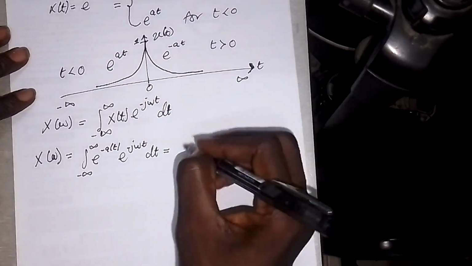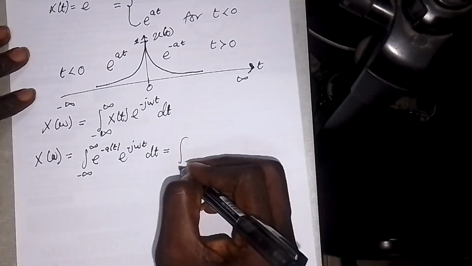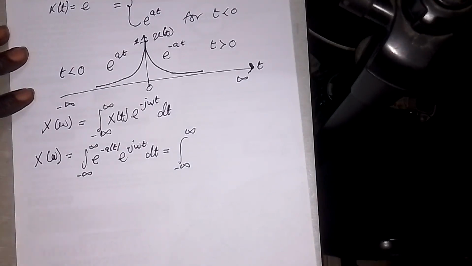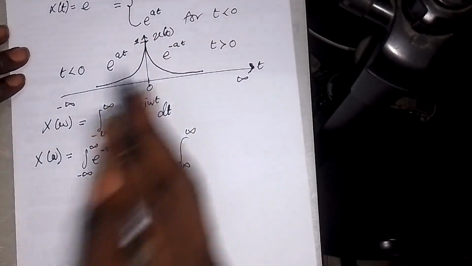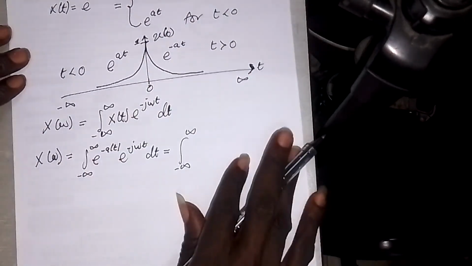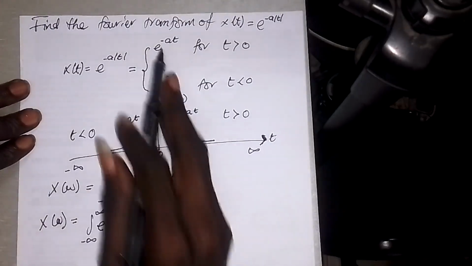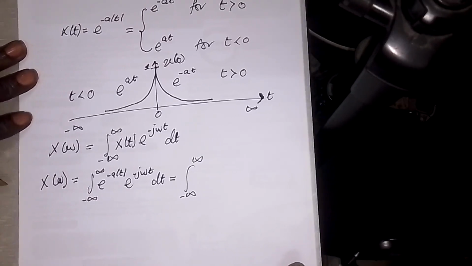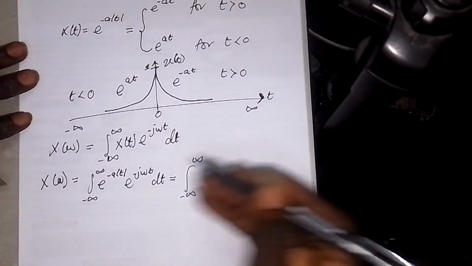From what I have stated here, this will actually be equal to e exponent minus a mod t into e exponent minus j omega t.